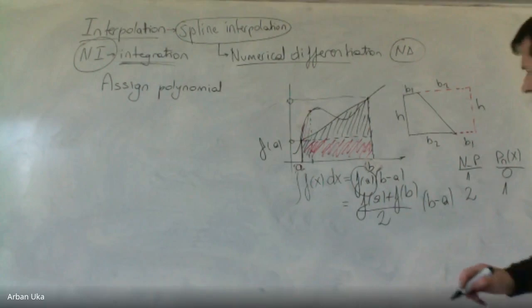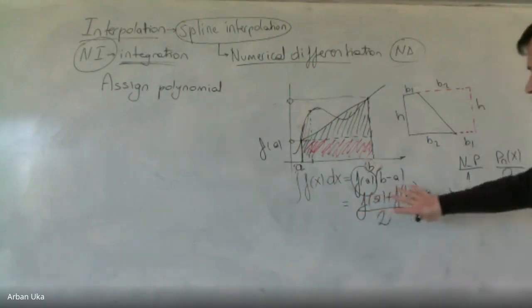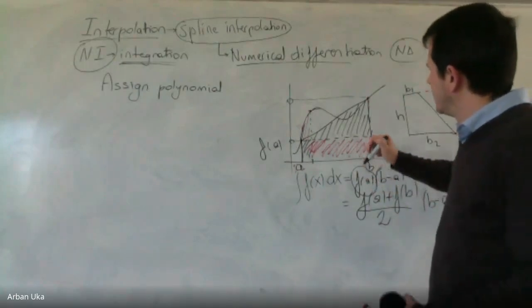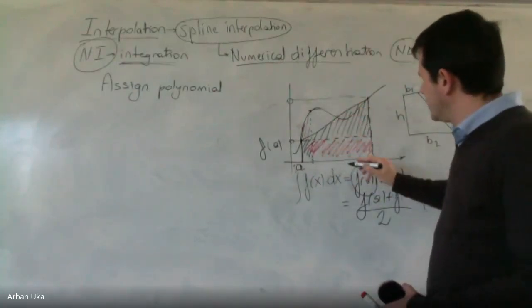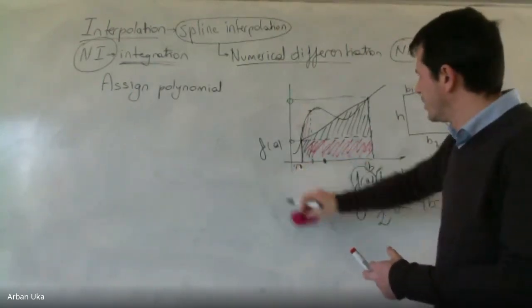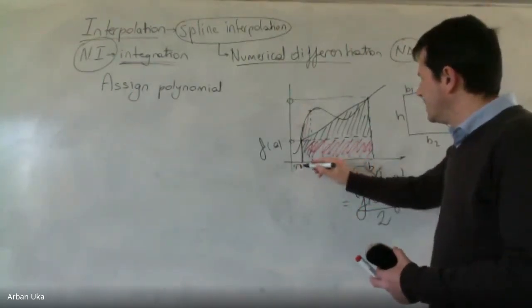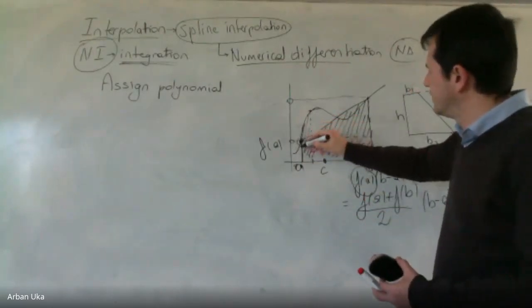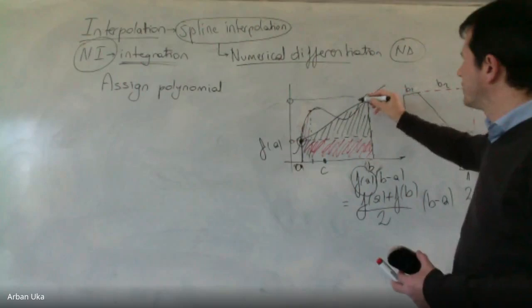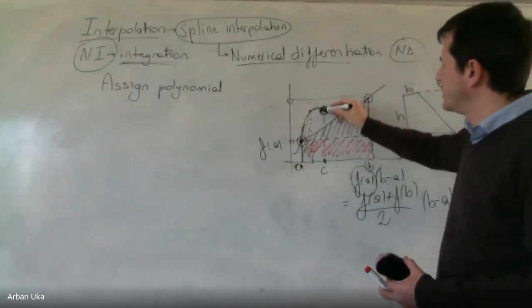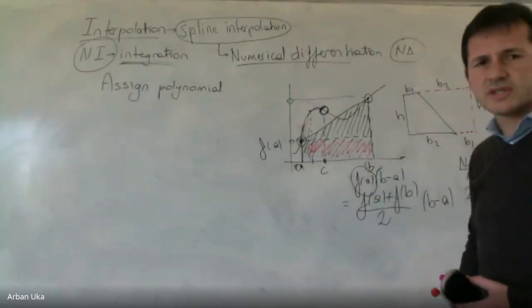And now assume that we can assign a third point, C. If we have a third point, which means we have this one, this one, and this one, what polynomial can we assign there?